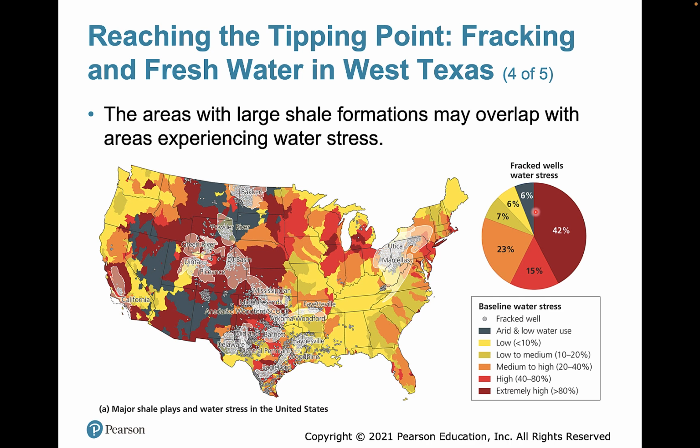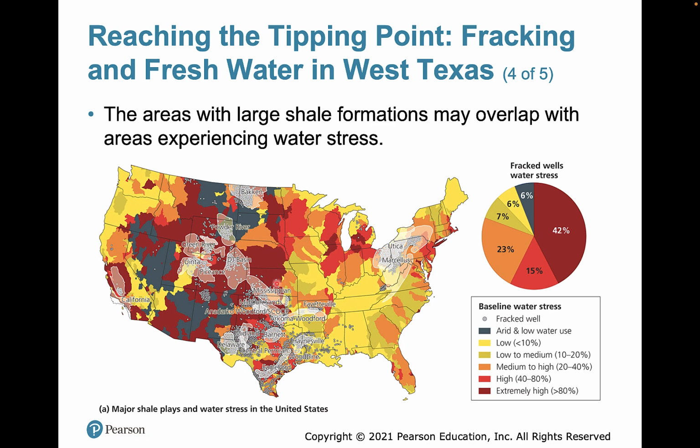The areas where there's a lot of fracking going on, and you can see that with these little light gray dots, there's a lot going on in West Texas, in Oklahoma, in upstate New York, and Pennsylvania, western Pennsylvania, Ohio, West Virginia, not so much in upstate New York. There's a lot of areas that have water stress, okay?